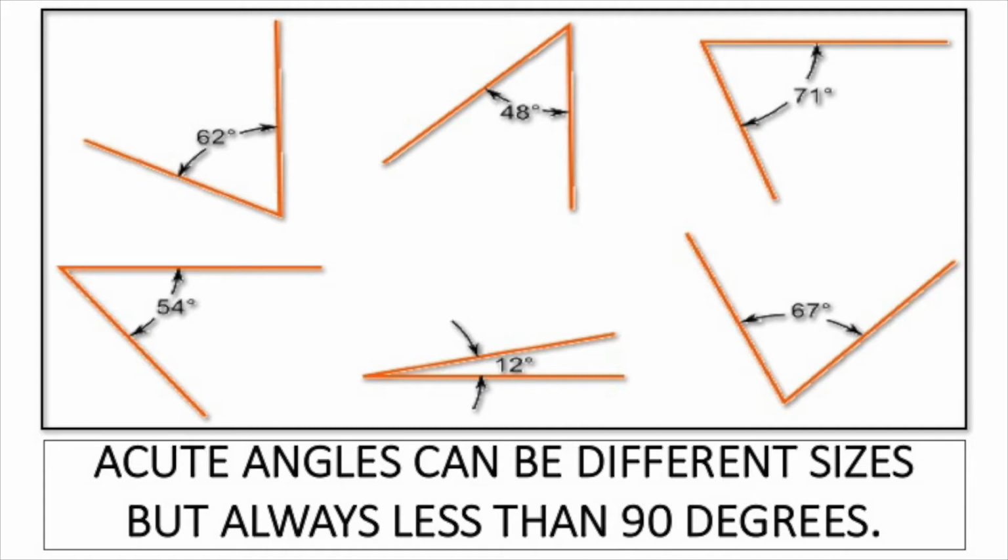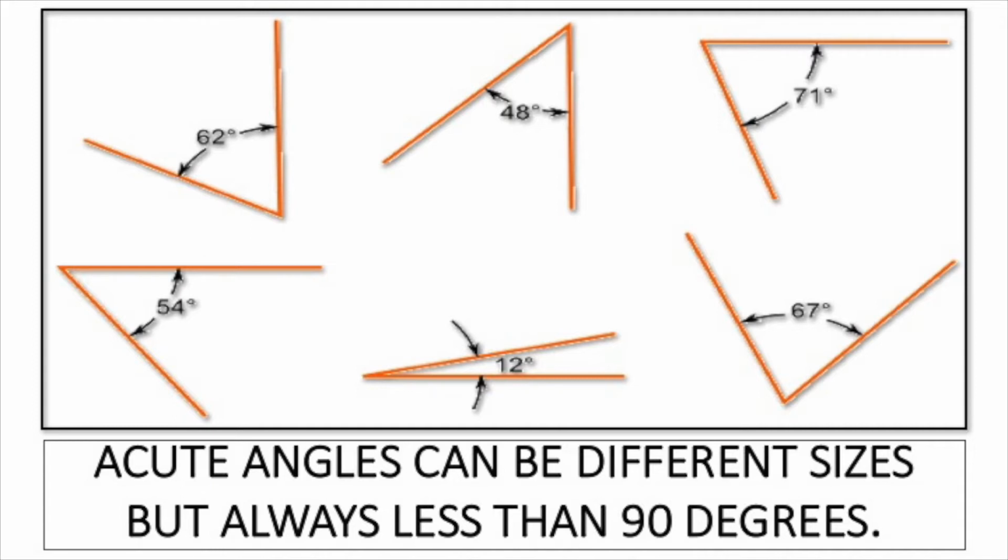Now you see in the picture, are all them angles the same? No. We've got one angle here. How many degrees? 62. Now, are all these numbers less than 90?